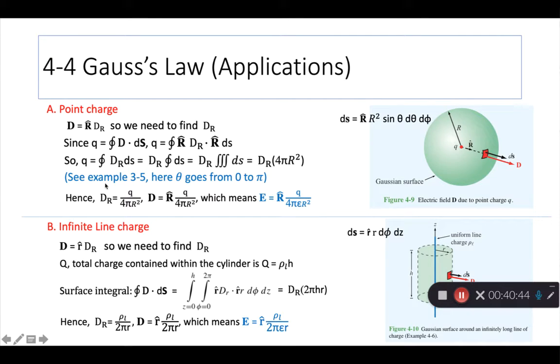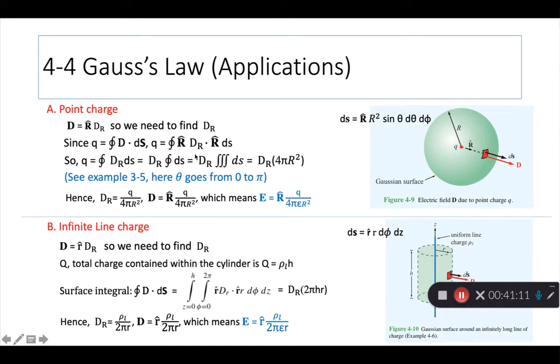So to see this, see example 3-5, and the only difference from example 3-5 where we did a sphere is that theta goes from 0 to pi. It's a semicircle. So go ahead, take a look at that, and you will come up with a value for Dr, like from this, Q equals this.